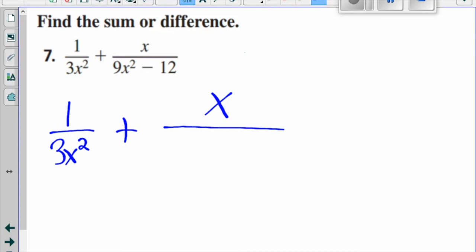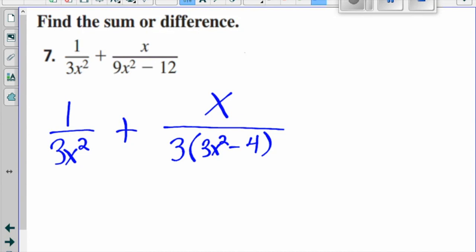So what can we do to the other one? Yes, we can factor out a 3. And if I factor 3 out, 3 factored out of 9x squared would leave me with 3x squared. Minus, if I factor 3 out of 12, I'm left with 4. Okay? And we factor that again. So it's 4, a perfect square.